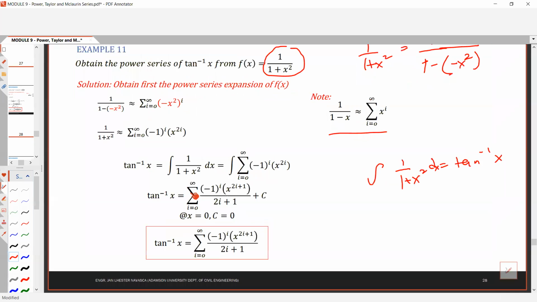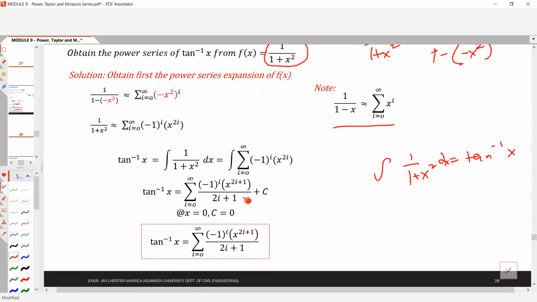Okay, so taking the integration, the only term na pwede mo lang integrate is yung may x. So ang pwede mo lang integrate dito is this one. Okay, so ano nga ba yung integration ng x raised to n dx?